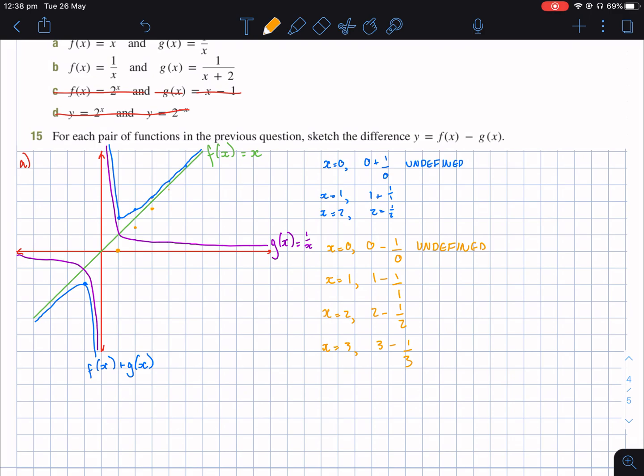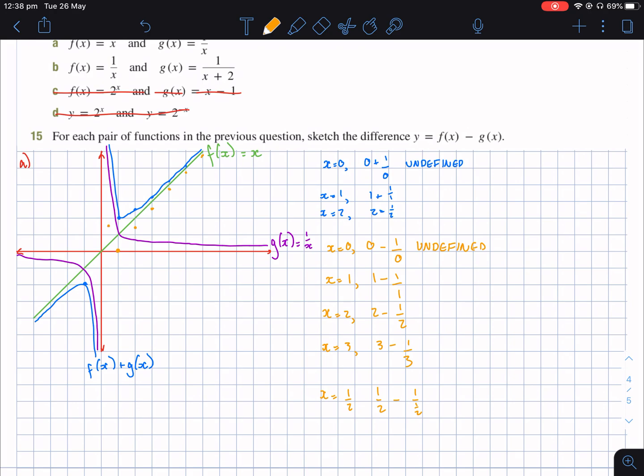Yeah, it's going to be getting closer and closer to the green line, because what we're subtracting off at each time is going to get smaller and smaller. If I've got x equals a half, I've got a half take 1 on a half, so that's 1.5.